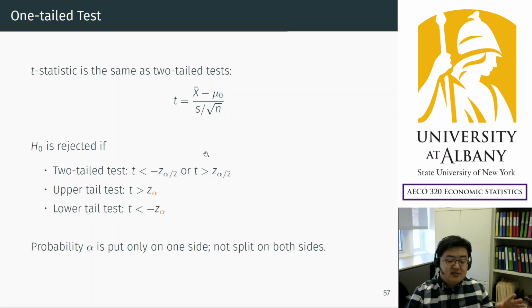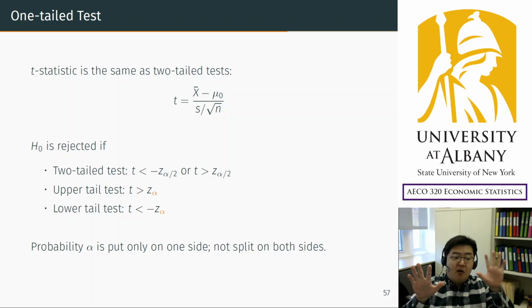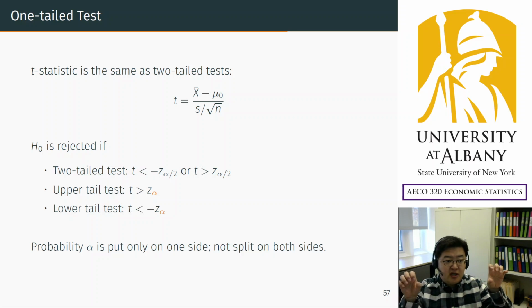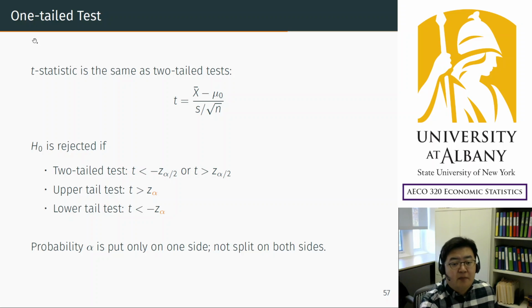So in two-tail test, if you are willing to reject, say, 10%, that means you will reject 5% from the lower tail and 5% from the upper tail, right? So you split the 10% rejection probability into both sides. But in upper tail test, you have to put all the 10% only on the upper tail.